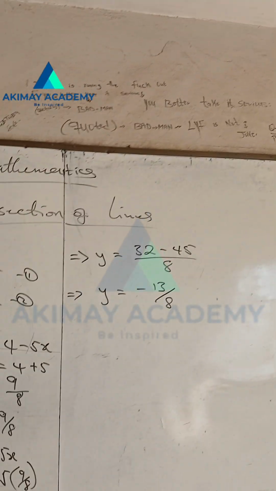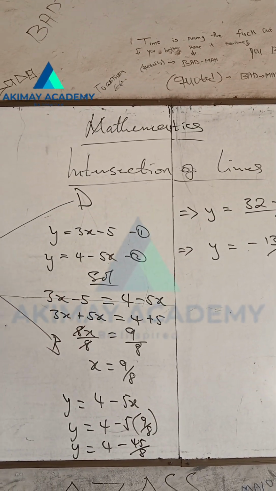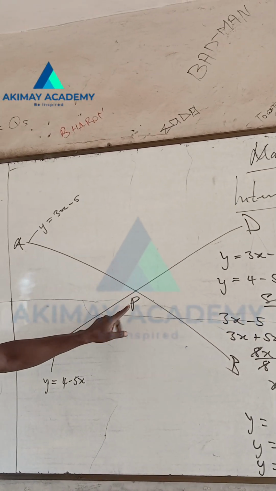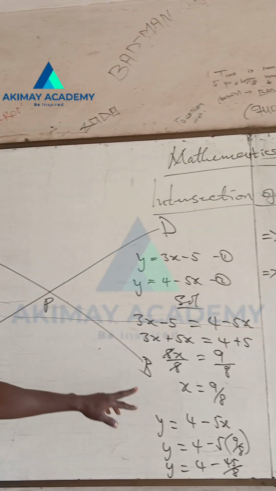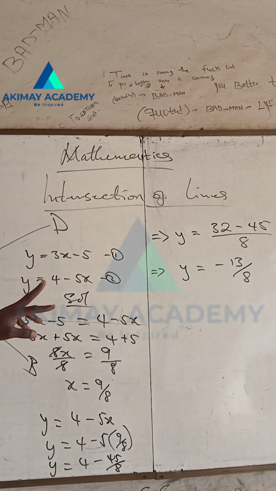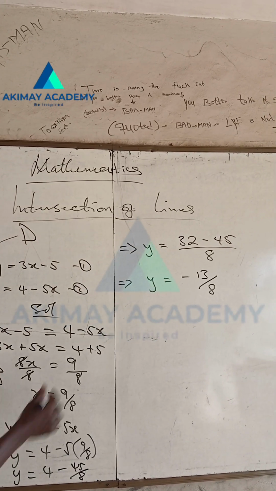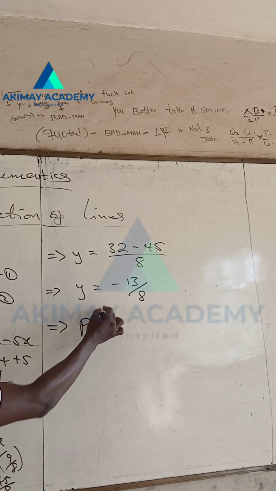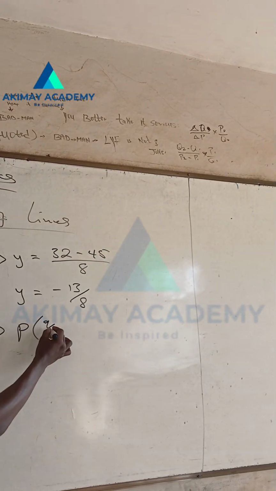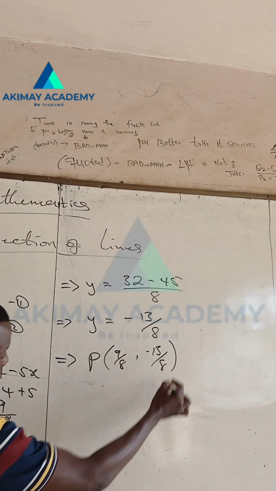So in this case, the coordinates of the point of intersection P are: our x is equal to 9 on 8, and our y is equal to negative 13 on 8. So in this case, you can put them nicely this way. So our point P equals 9 on 8 and minus 13 on 8.